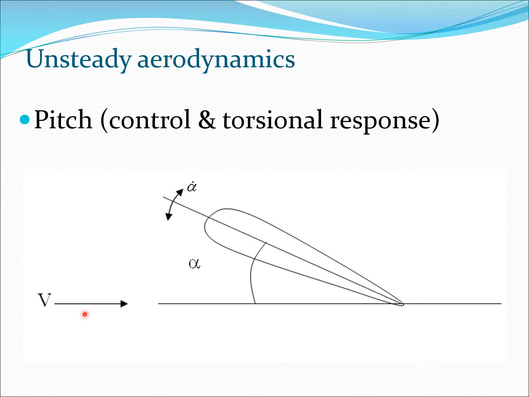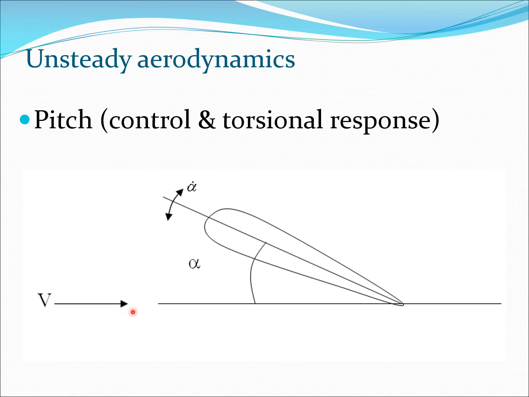Now let us look at some of the sources of unsteadiness as far as the helicopter rotor blade is concerned. So we are very familiar with the pitch motion. Essentially you have an airfoil section, and there is some angle at which this section is placed with respect to the velocity coming from the front.